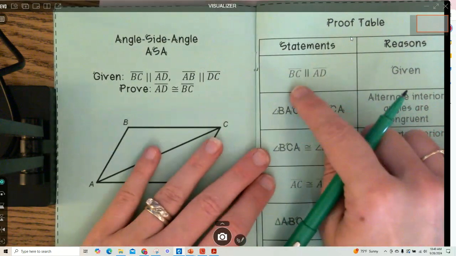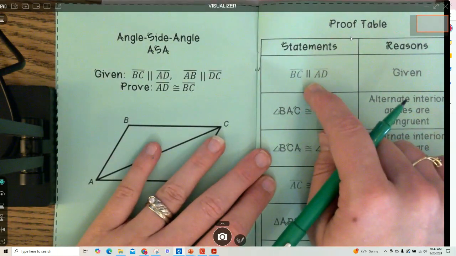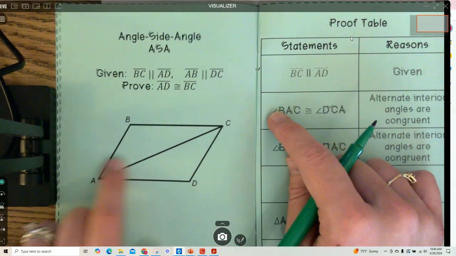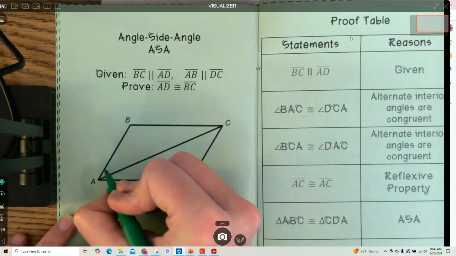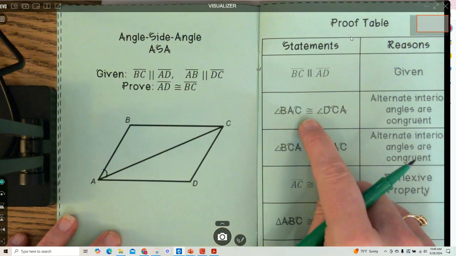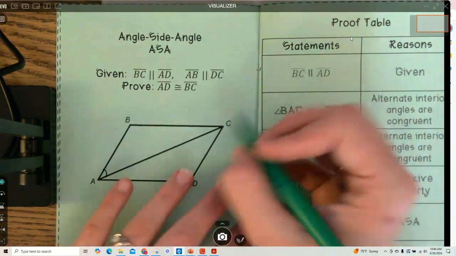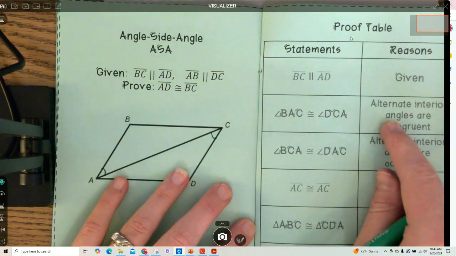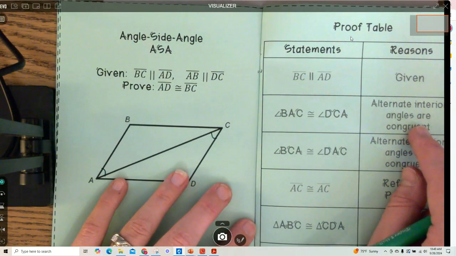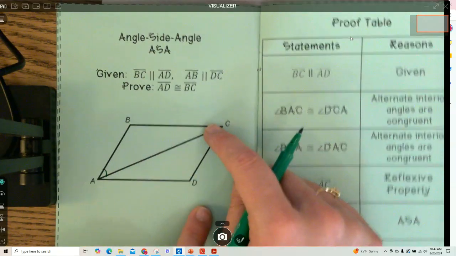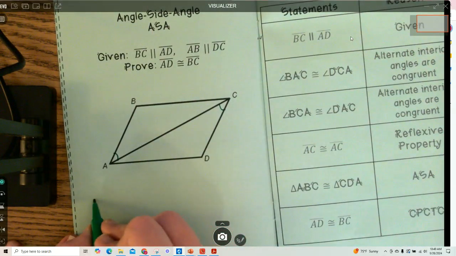All right, so here's what we're given. BC is parallel to AD. So that means angle BAC is congruent to DCA. That's this one. Because alternate interior angles are congruent. So when we have parallel lines, BC and AD, so let's look at just those pieces.